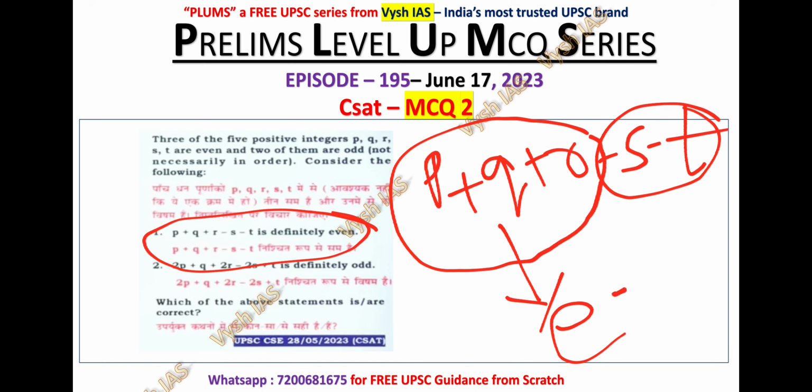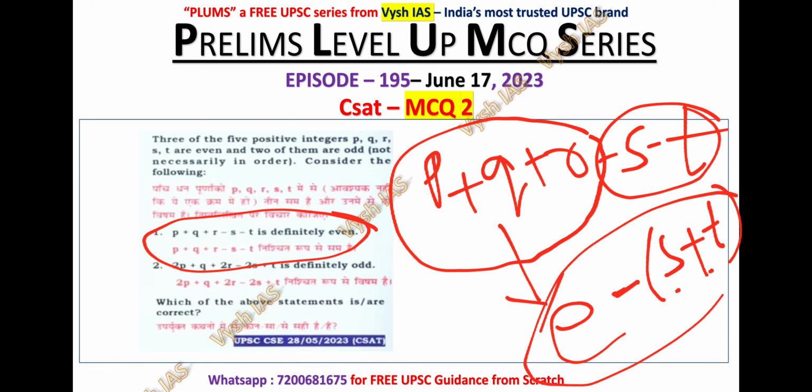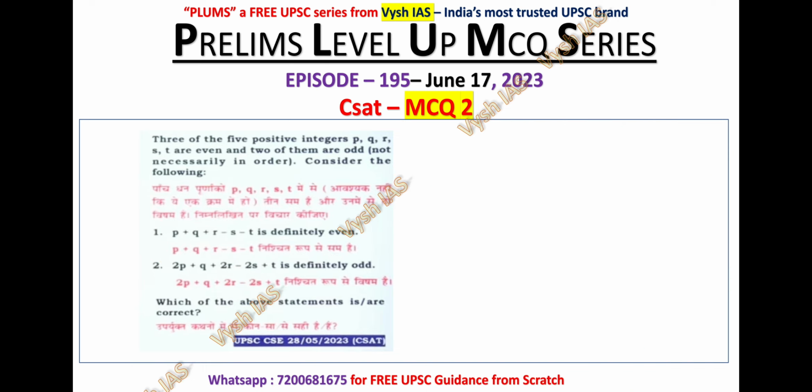Taking minus as common, S plus T. If I take S and T as odd, odd plus odd is nothing but even. So the resultant will be even minus even, and even minus even is also even. So the first statement is right, because they have given that it is definitely even.